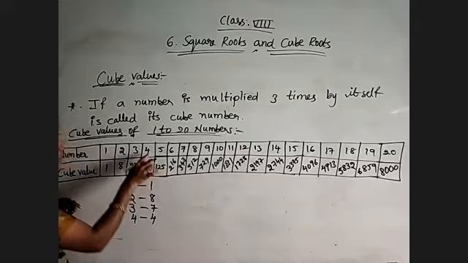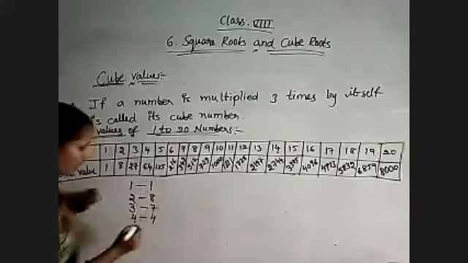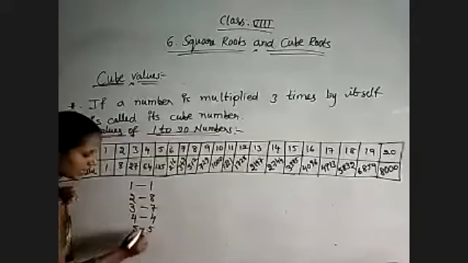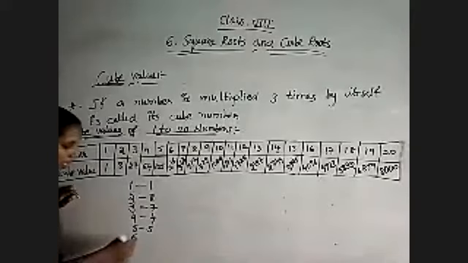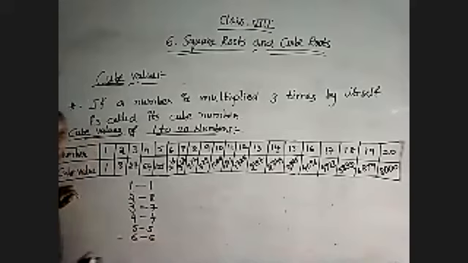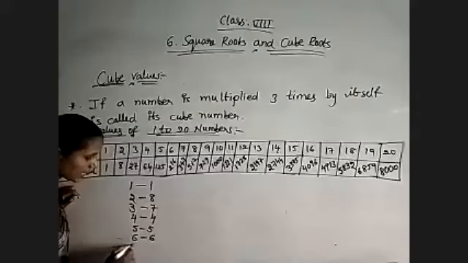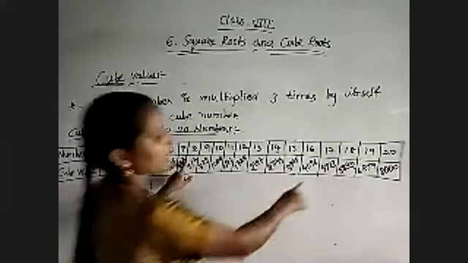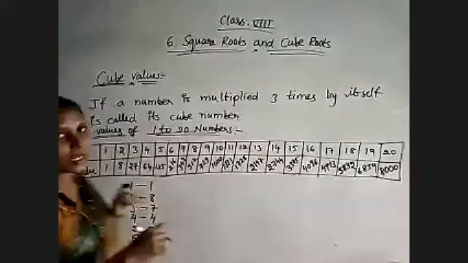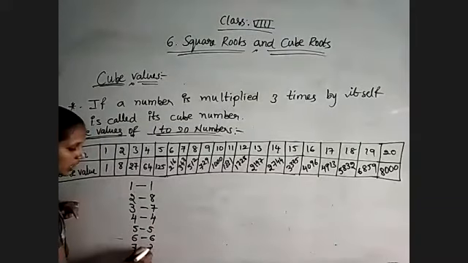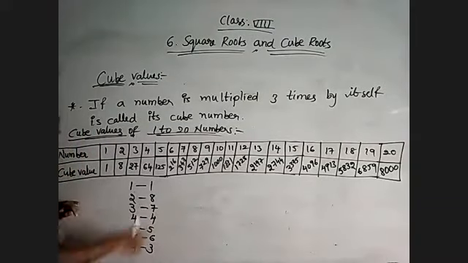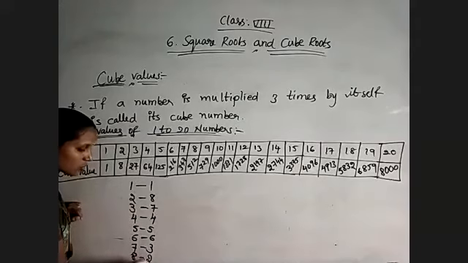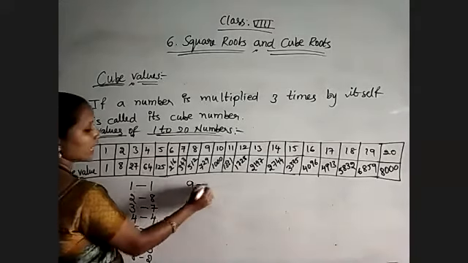Coming to 5, 5, 5, 6, 6, 6. So 4, 4 and 5, 5 only we get. If the number has 6 as unit digit, we'll get its cube also 6 only. And 7, observe 7 and 17: 7 has 3, 17 also has 3 in the unit place. So observe 3 to 7, 7 to 3. Similarly for 8 we will get unit digit 2. And for 9, 9 only.